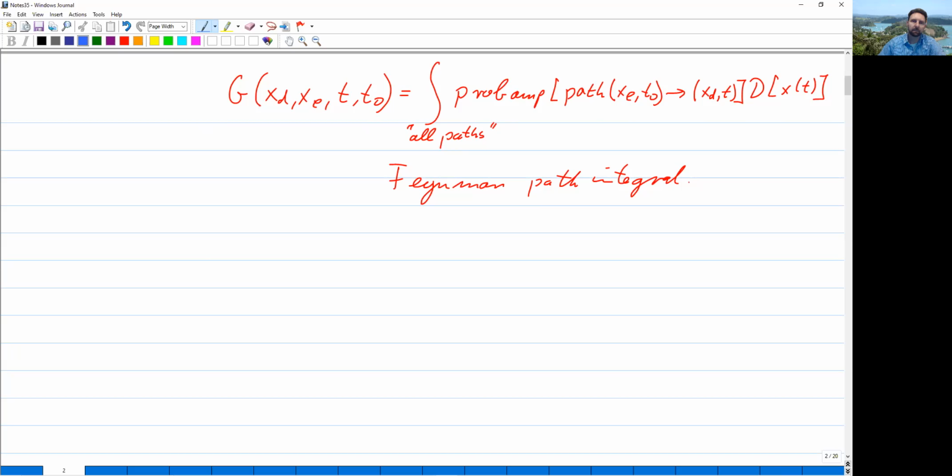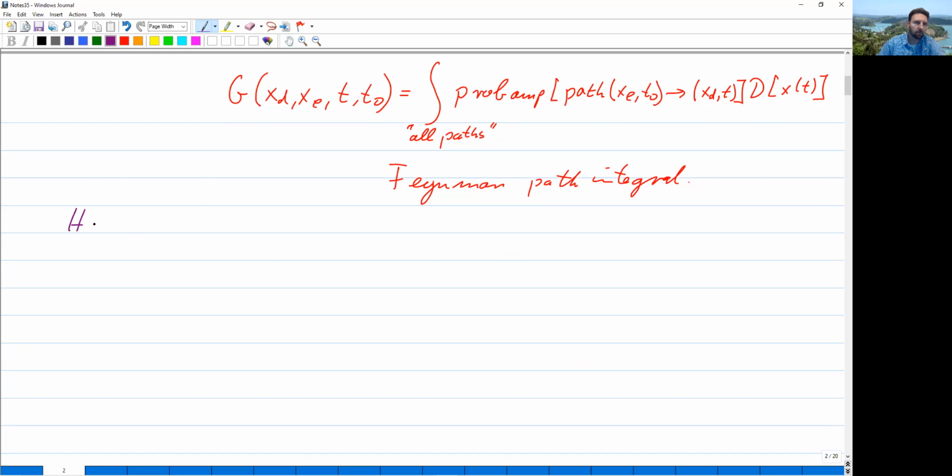No, there is a much more elegant way of expressing what this Green's function is as the path integral. Namely, by finding an elegant way to calculate what the probability amplitude is for a given path. We don't have to subdivide the path the way we did so far. In fact, there's a much more efficient way to do that. And this is what we are going to do now.